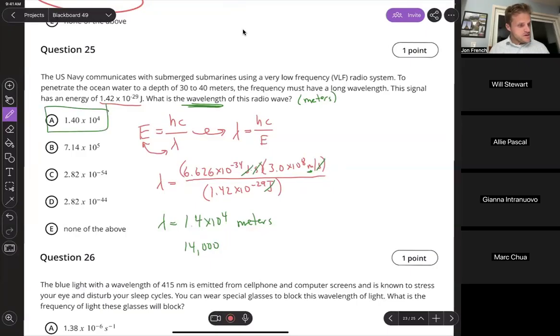All right, last question here, question 27. Correct, right? This is just telling you they use this because the longer the wavelength, the farther it travels. The shorter the wavelength, the easier it is for it to get absorbed. And this is why your Wi-Fi signal and things like that don't work well for long distances.